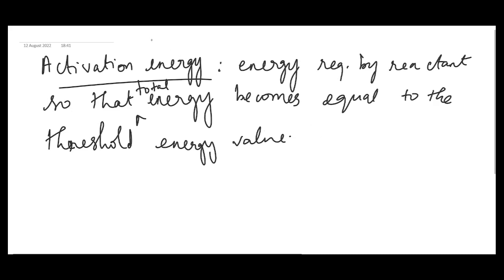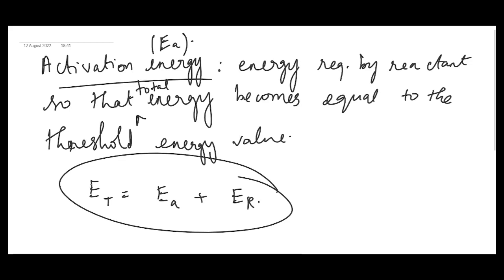Now this is denoted by Ea. Now we can write an equation: ET is equal to Ea plus ER. Now you may be wondering what this new equation is. This is nothing but based on the previous two definitions. Now this ET is what I use to represent the threshold energy, and you may be wondering what this ER is.